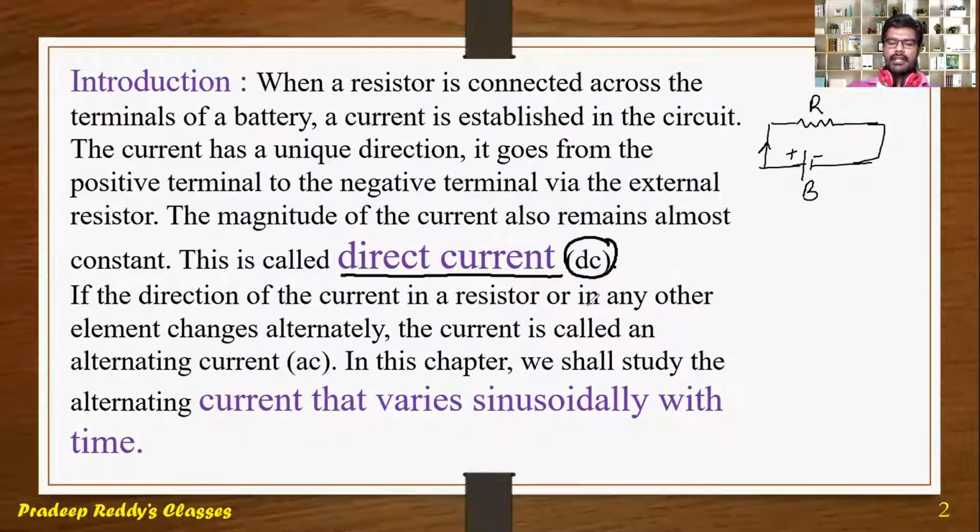Say you are taking a circuit with a resistor, and you are connecting it to a type of current where the direction of current in this resistor is once positive and once negative.